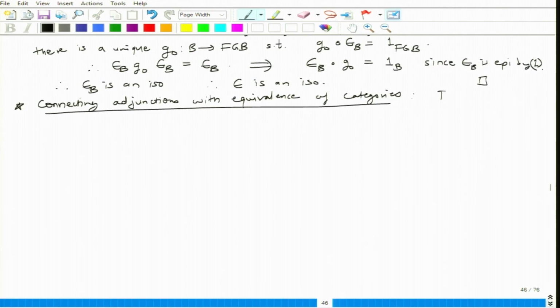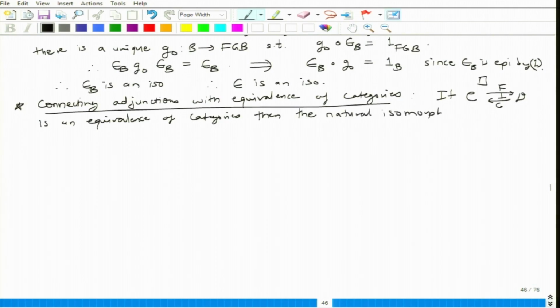Okay, so here is the statement: if (C, D, F, G) is an equivalence of categories, then the natural isomorphisms eta from 1_C to GF and epsilon from FG to 1_D can be chosen to satisfy the triangular identities.